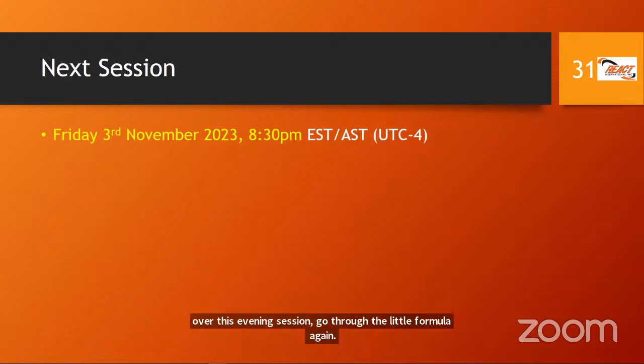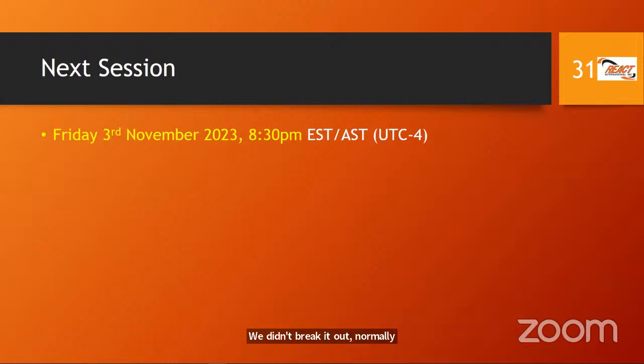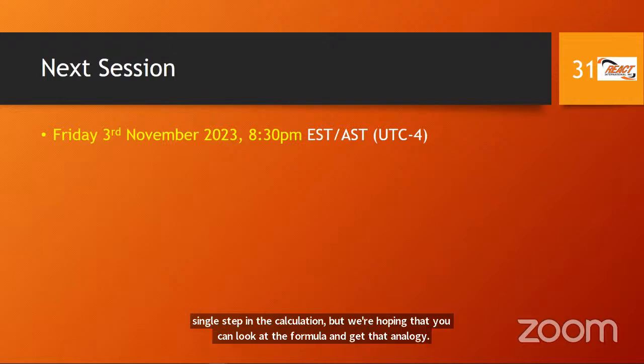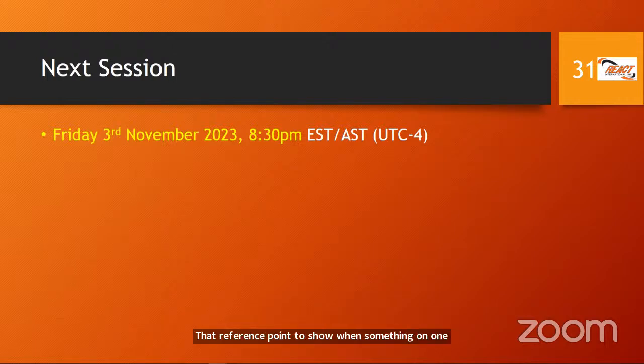Normally we'll show you every single step in the calculation, but we're hoping that you can look at the formula and get that analogy, that reference point, to show when something on one side increases, whether it will increase or decrease on the other side, right? The idea is to learn and understand those relationships, right? Resonance and reactance. So yes, it may be a bit challenging. However, please spend some time with it, and we will encounter those things further on as well.